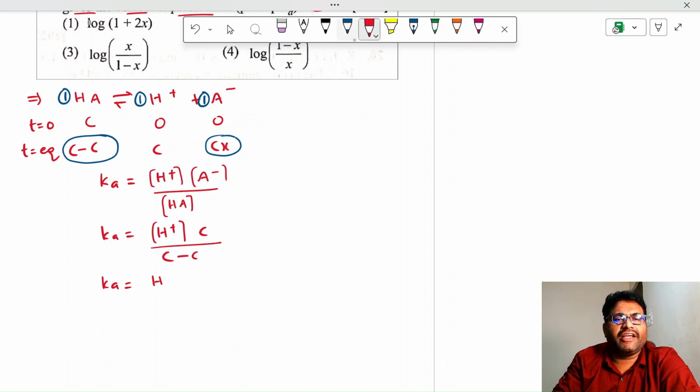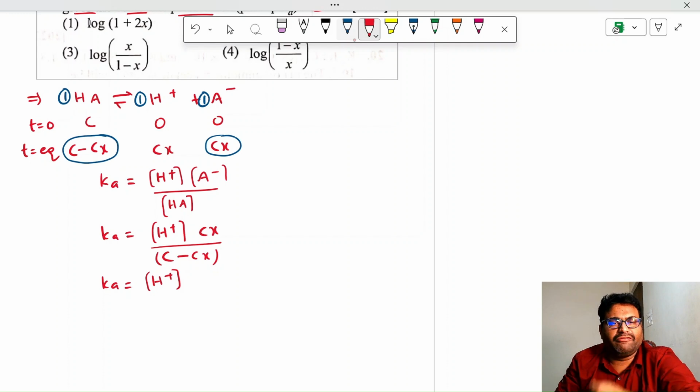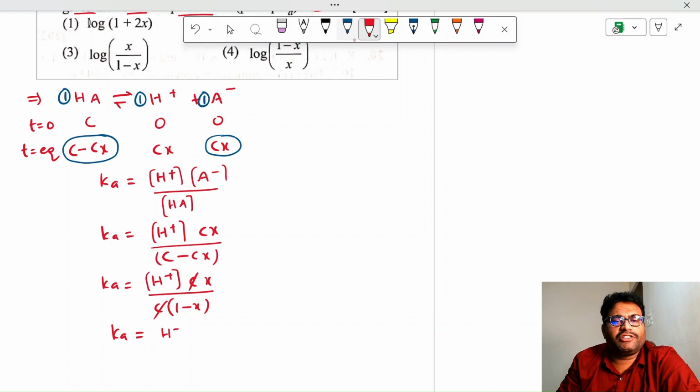So Ka is equal to H plus ion concentration into Cx by C into 1 minus x. C gets cancelled. Then Ka is equal to H plus ion concentration into x by 1 minus x.